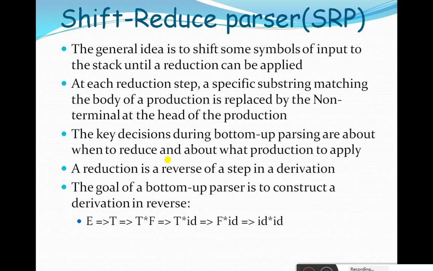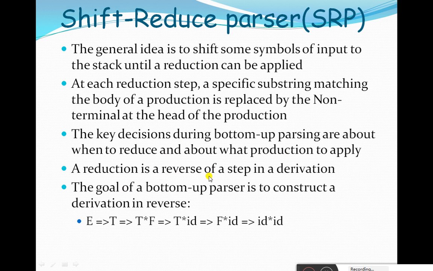If I apply reduction, it may not take you to the previous sentential form in the reverse RMD. So you can't apply the reduce action immediately whenever you come across a handle. The handle must be a true handle present on the top of the stack. Top in the sense of a few symbols on the top of the stack. Let's see once we take up the example how the shift-reduce parser works.